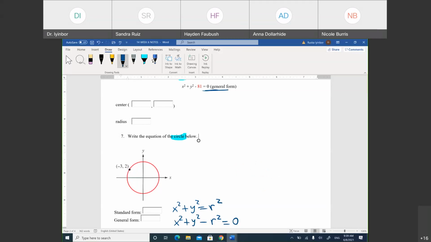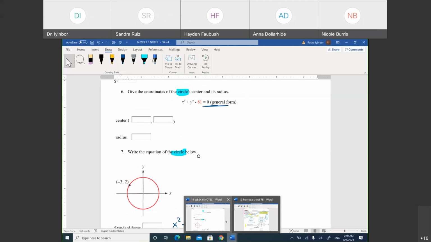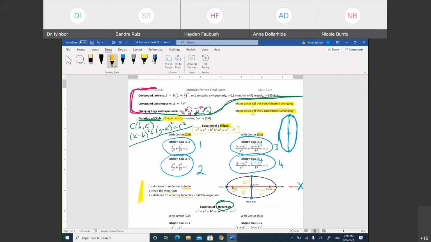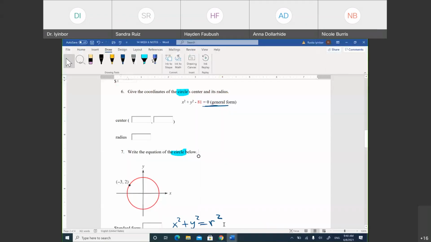So here is what you need to do. For number 6, we have to find the center and the radius. If the equation is x squared plus y squared, then what is the center? 0, 0, right? Everybody see that? So if the equation is x squared plus y squared, the center is always going to be 0, 0.